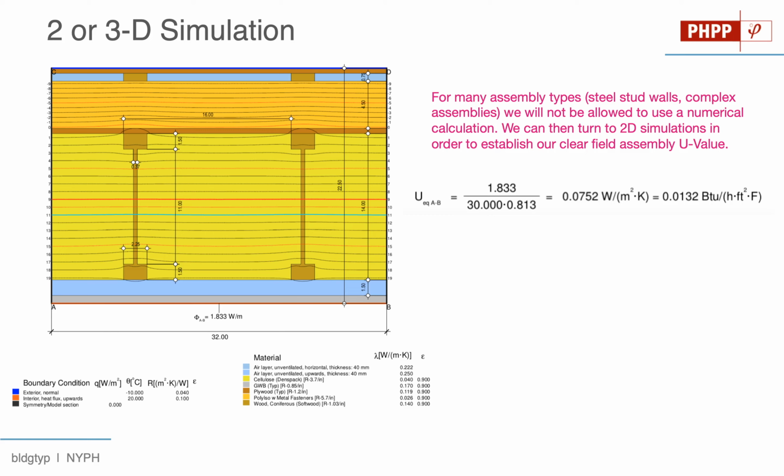Some assemblies, very complex assemblies, and assemblies in particular that use things like steel studs or steel floor joists or steel rafters, those types of assemblies cannot be modeled using a numerical method. In those cases, or with really complex assemblies, we're going to have to shift gears and go off to something like a two-dimensional or three-dimensional heat transfer simulation program, like Therm or Flixo or Passitherm or Heat 2 or Heat 3 or Dartwin or whatever your simulation tool of choice is.